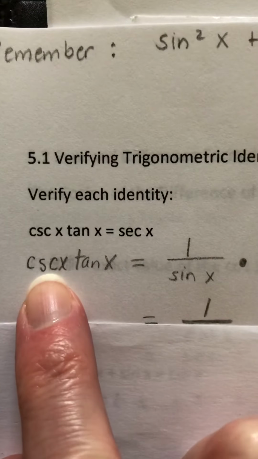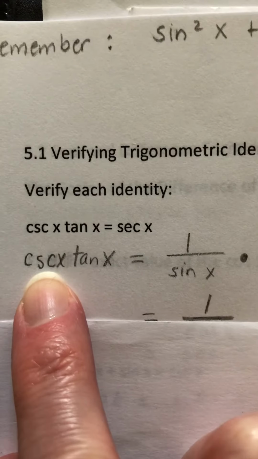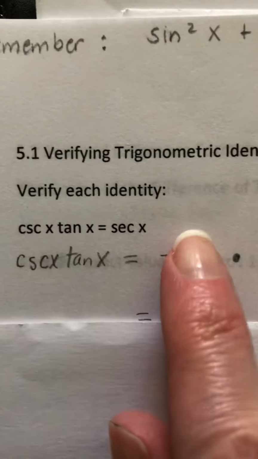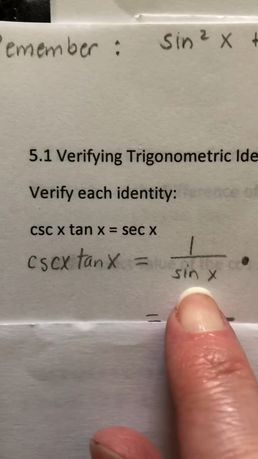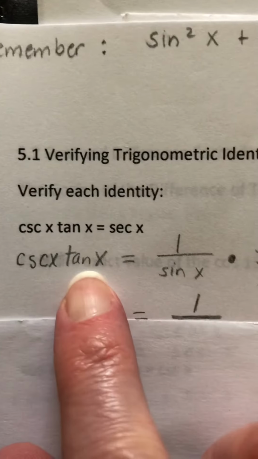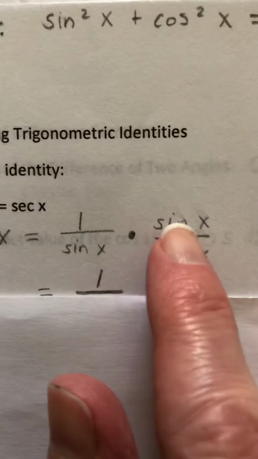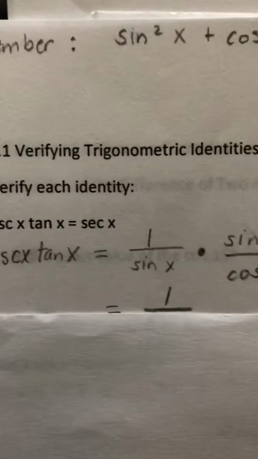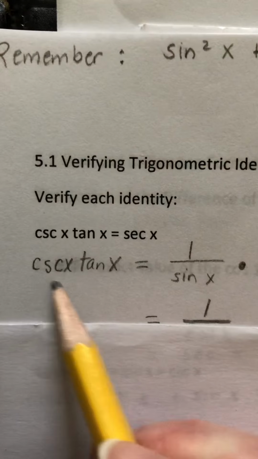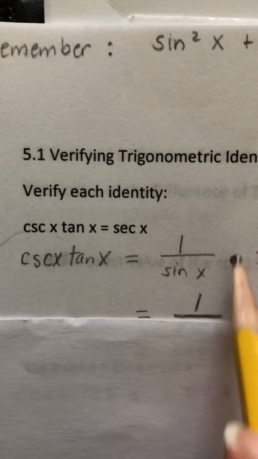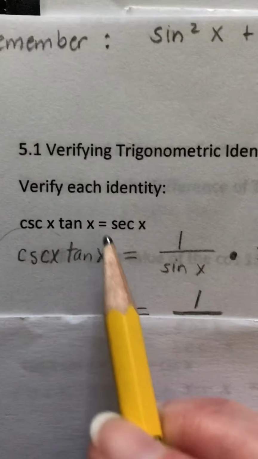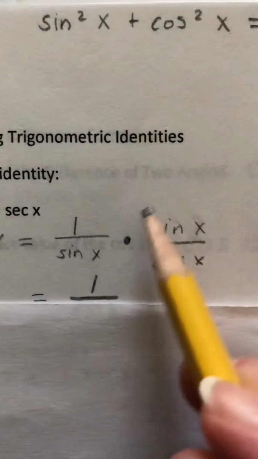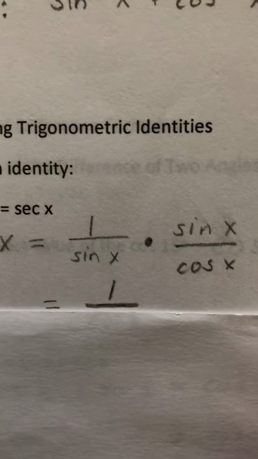For example, the cosecant of x is the same as the reciprocal of the sine of x. The tangent of x is the same as the sine of x over the cosine of x. So all I did is replace these with what they are equivalent to, then I need to do a little math.